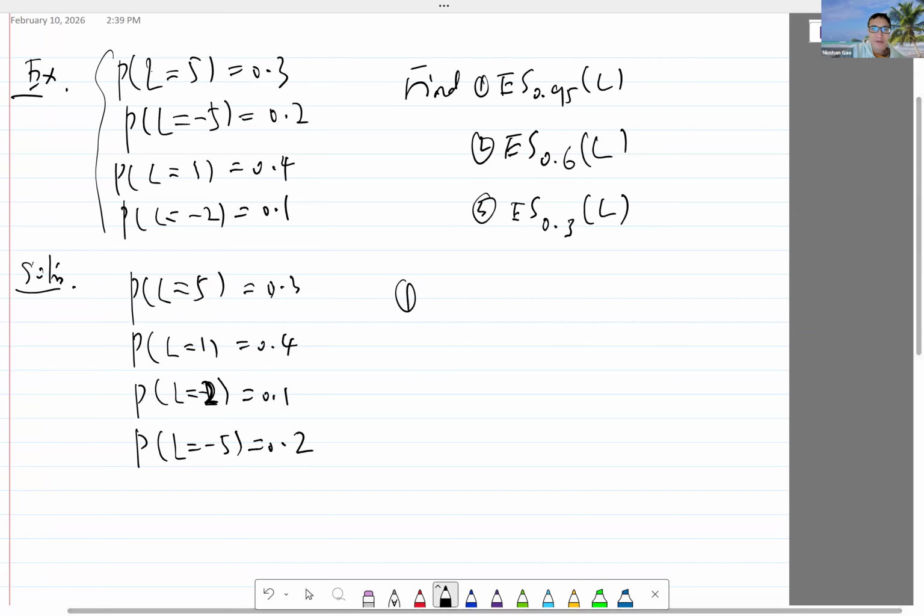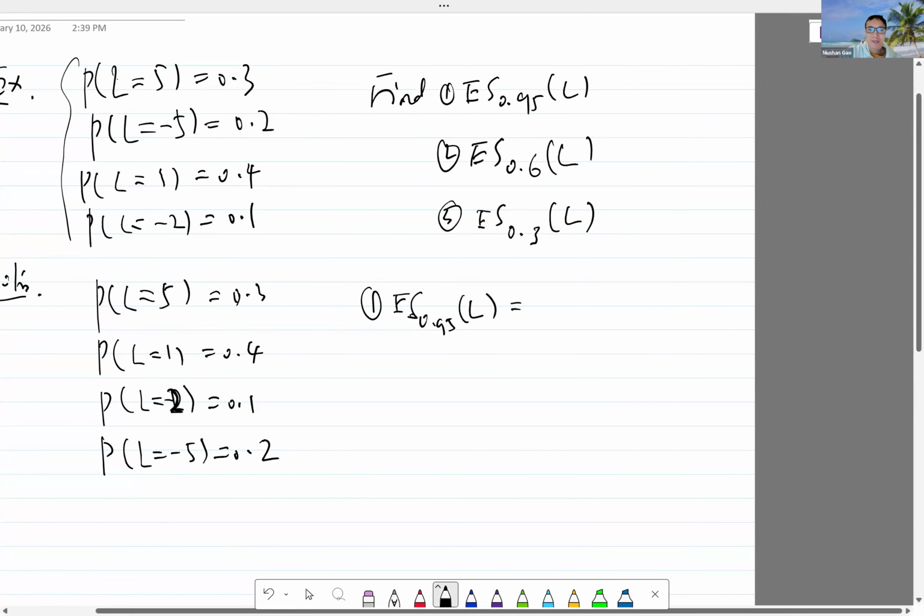So compute this one. Alpha is 0.95. What is the tail probability you are looking at? 1 minus alpha. So the bottom is always 1 minus alpha, right?